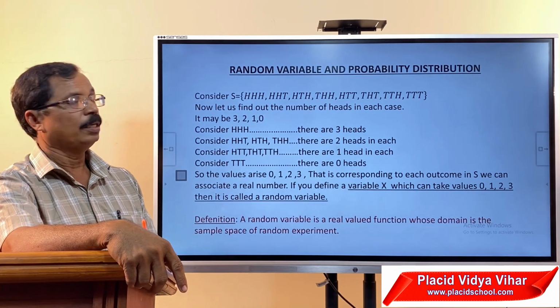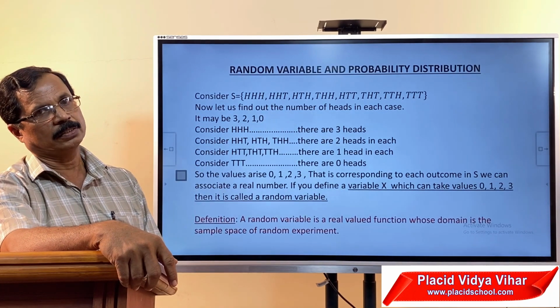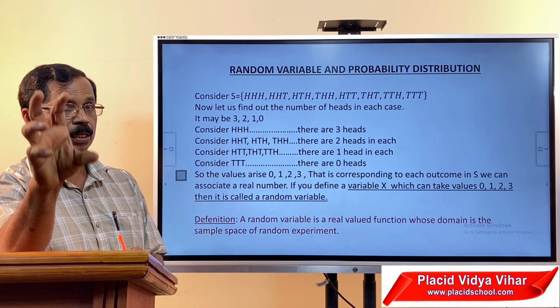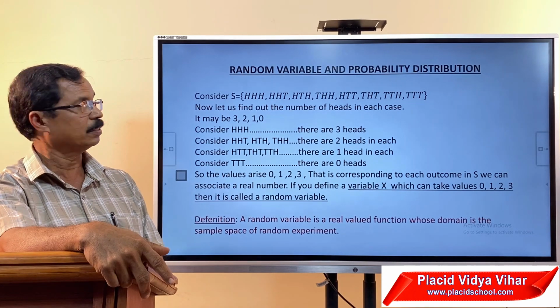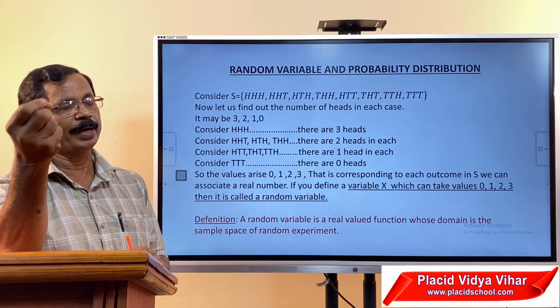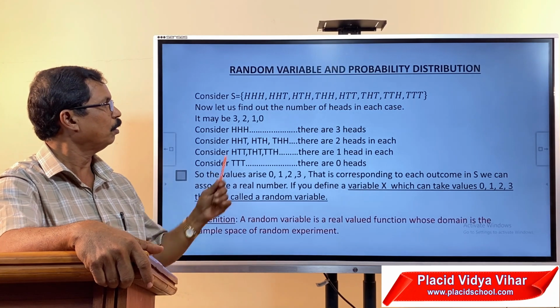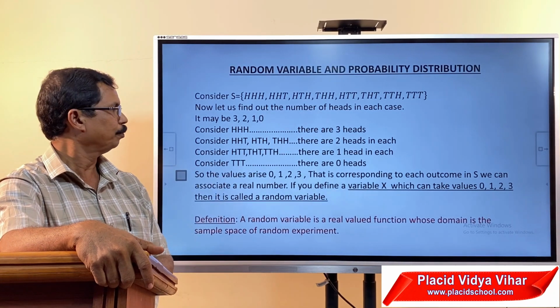Okay. Now, let us find out the number of heads in each case. There are 8 cases and you count the number of heads. So look at the first one. There are 3 H. So the number of heads is 3.